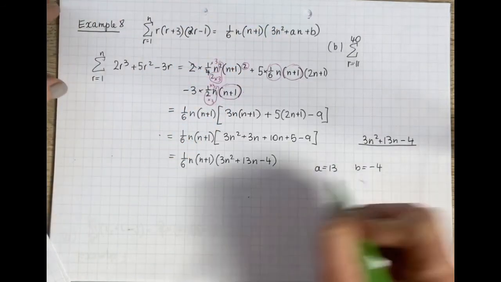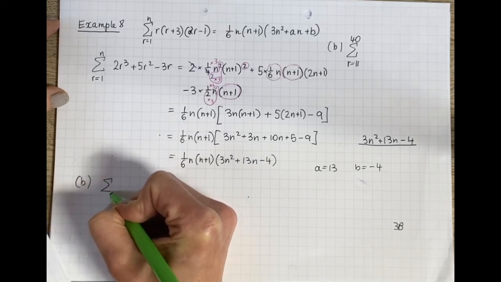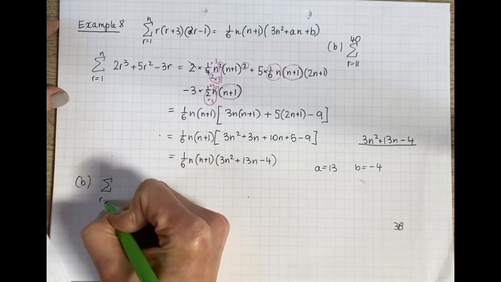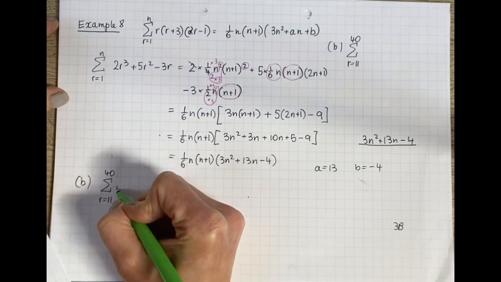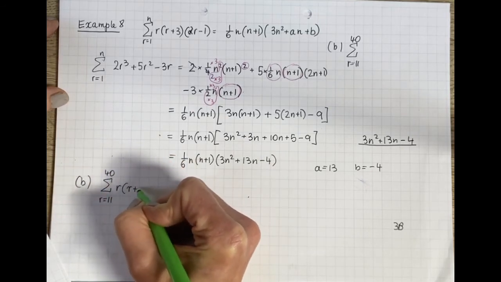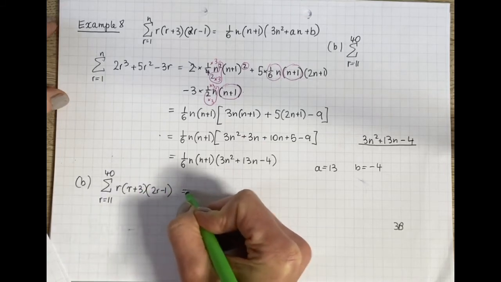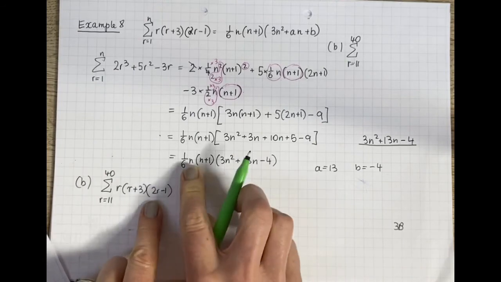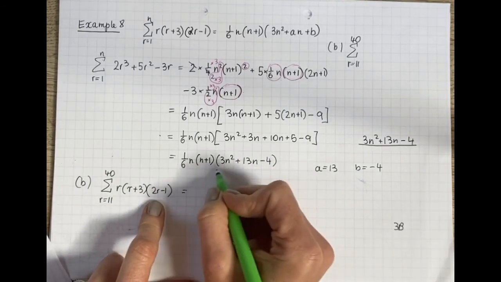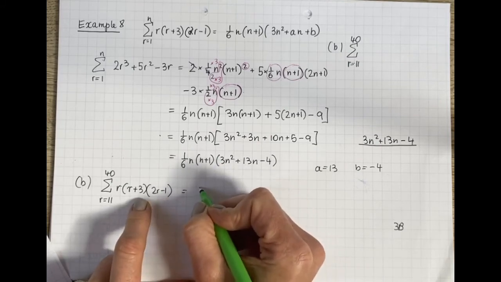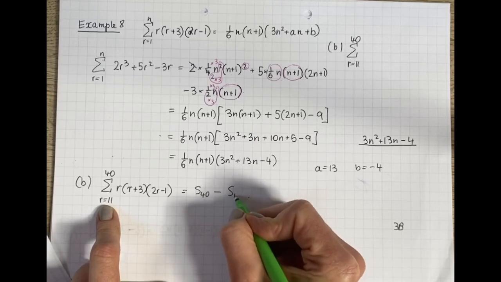So here for the last part, part B, we need to use that result. It says hence, and find the value of the following. Okay, so we've just found the answer to this if you were summing n terms. So we've got 40 minus 10.